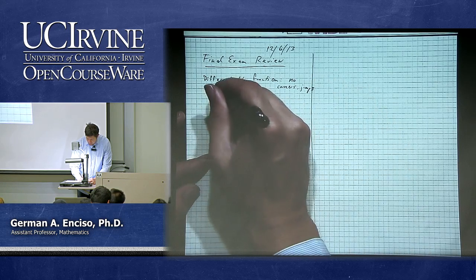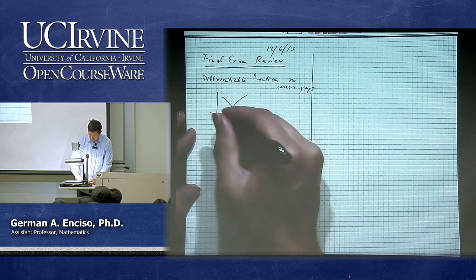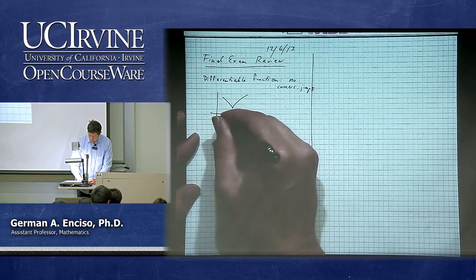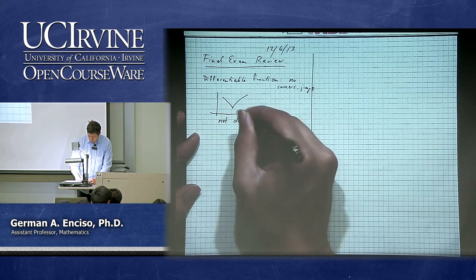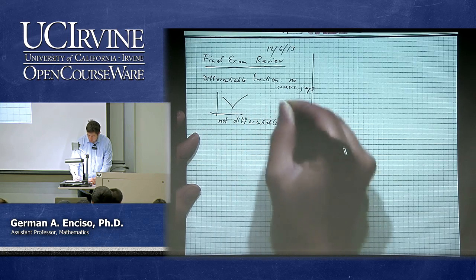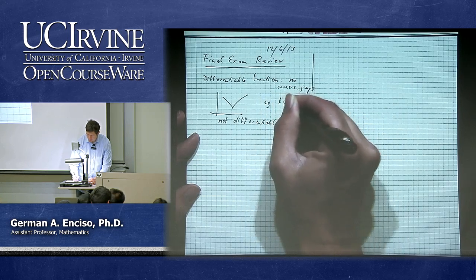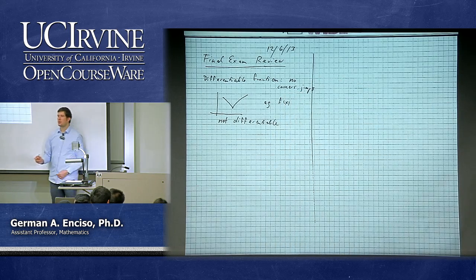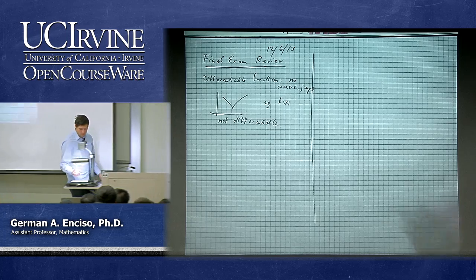For example, this function right here is not differentiable. An example of this function would be what? What do you think would be a function that has a corner and is therefore not differentiable? Absolute value, that's right.